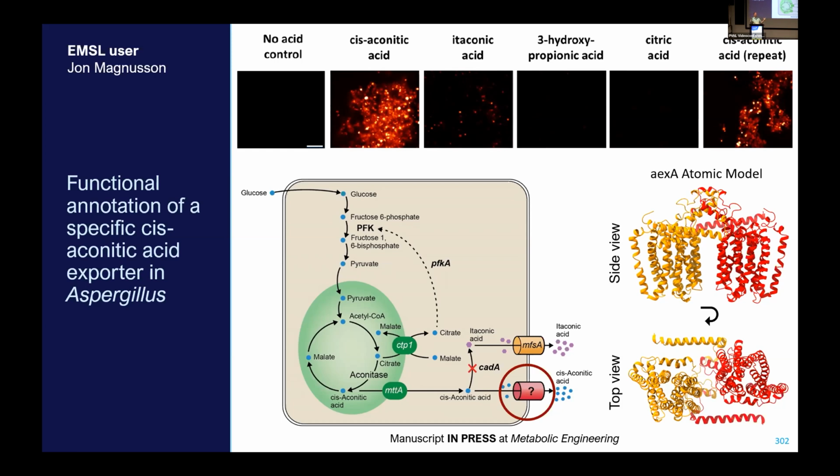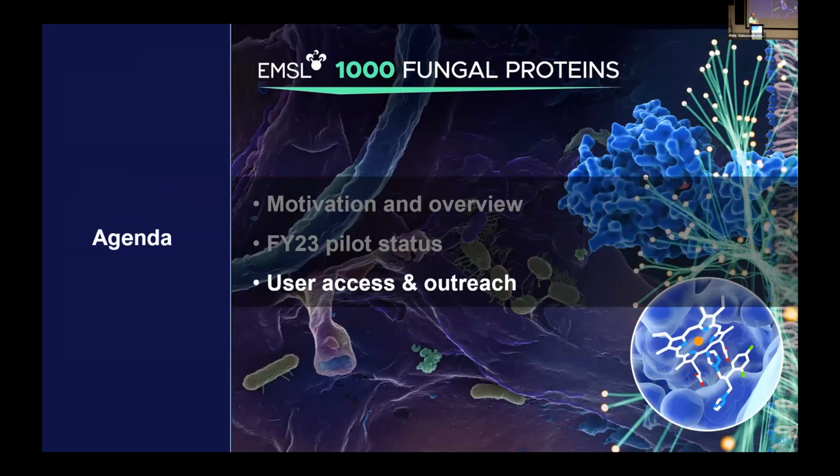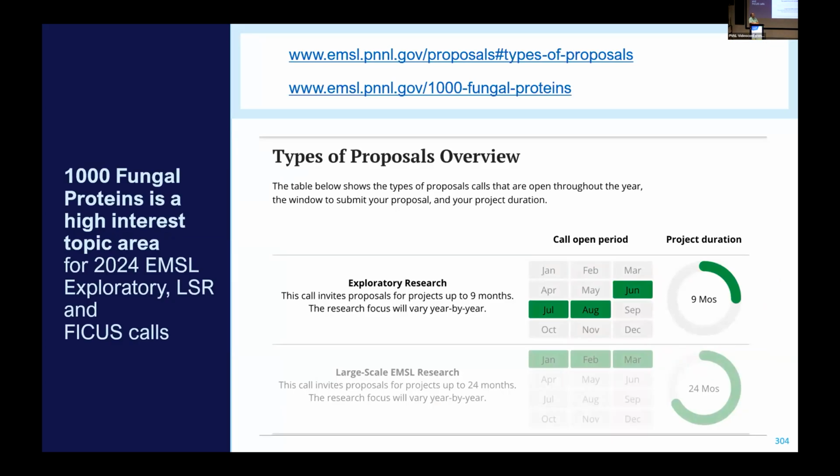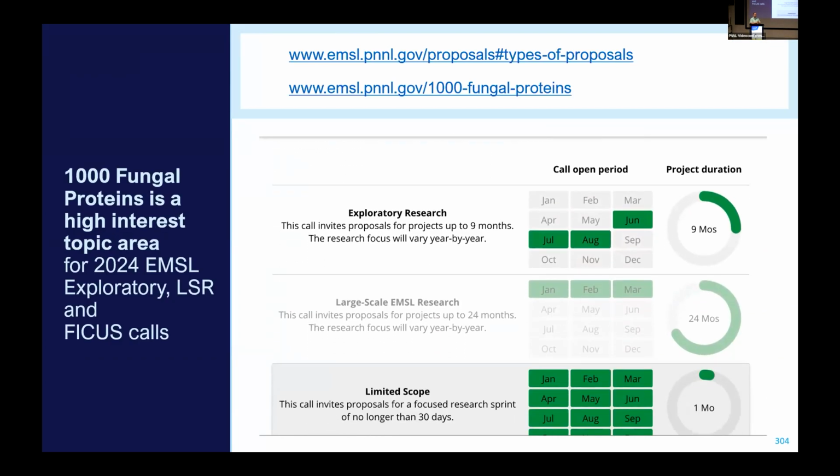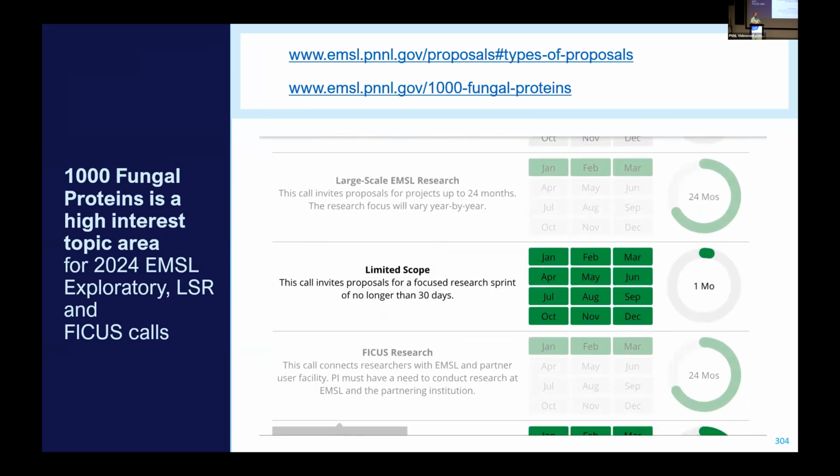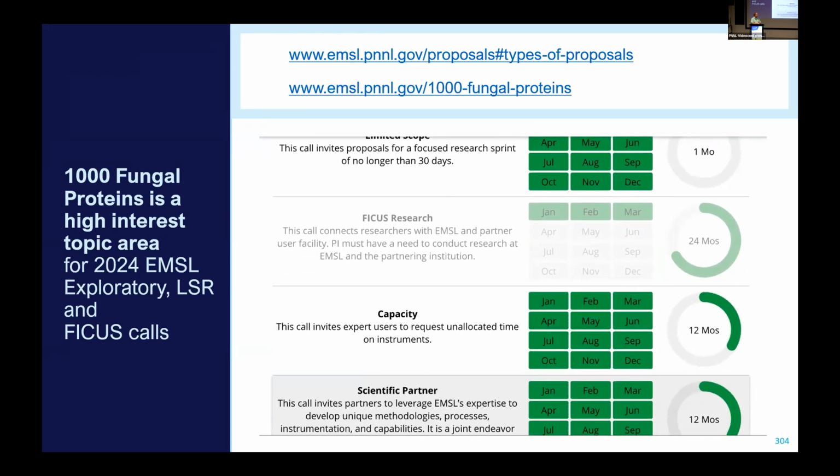So this is kind of the focus of what the 1,000 Fungal Proteins Project is going to be all about. I don't have time to go into all the details, but in the question of how to access it, you as a user can apply to any of the normal EMSL calls.